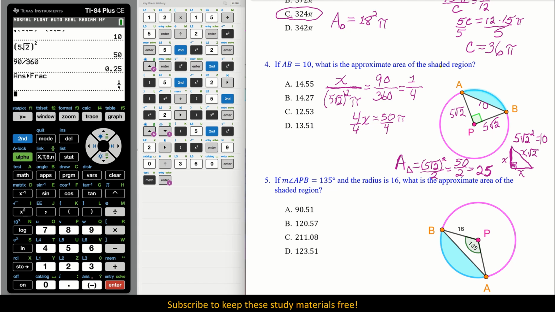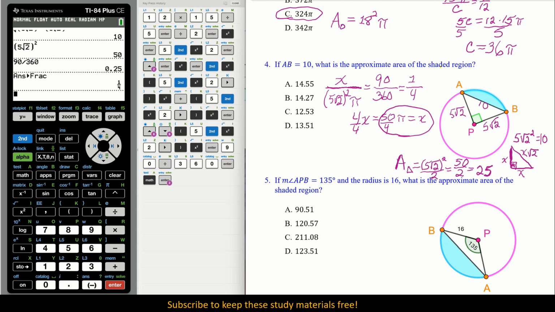So now we know that our sector area is 50 pi over 4. Actually, let's just write the X over here because we're running out of room. I'm going to leave that in terms of pi, and I'm not even going to divide 50 by 4 because I don't think it's worth it.